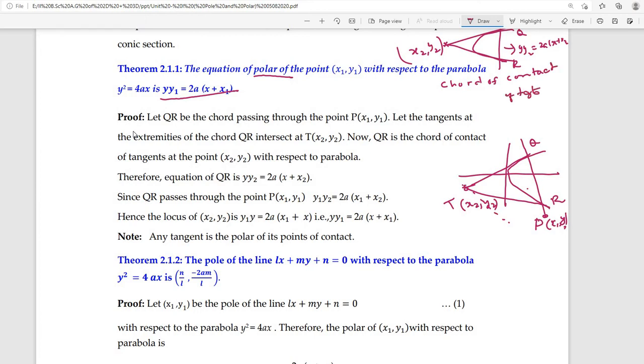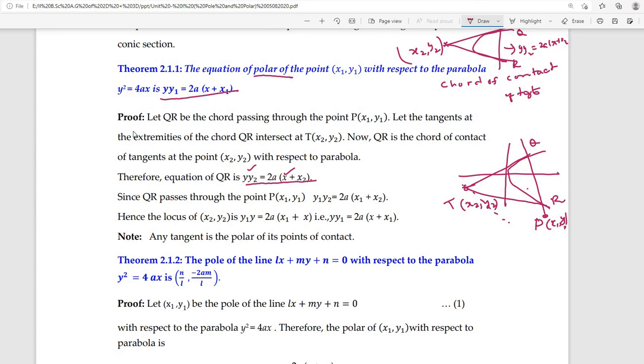Here the same situation that we have (x2, y2), so naturally the equation of QR should be y2 equal to 2a into (x plus x2), and because it passes through the point P(x1, y1), we have to replace our x and y by x1 and y1. But we want to have the locus of this.